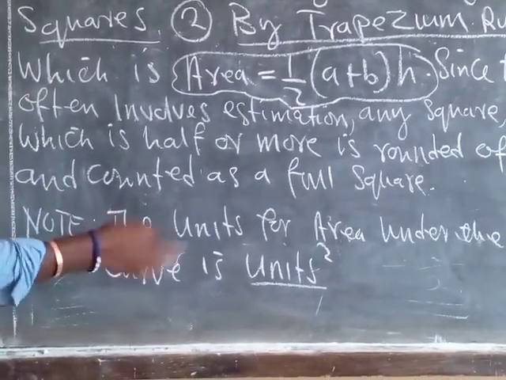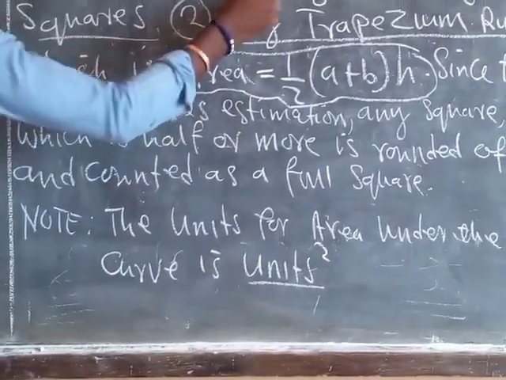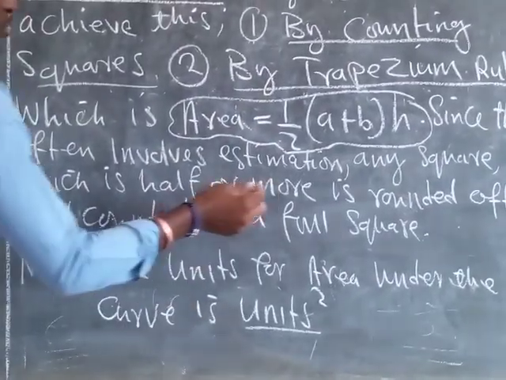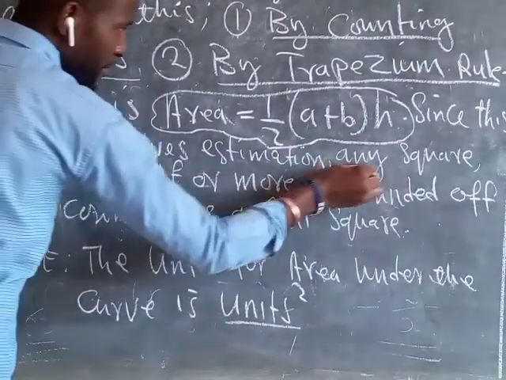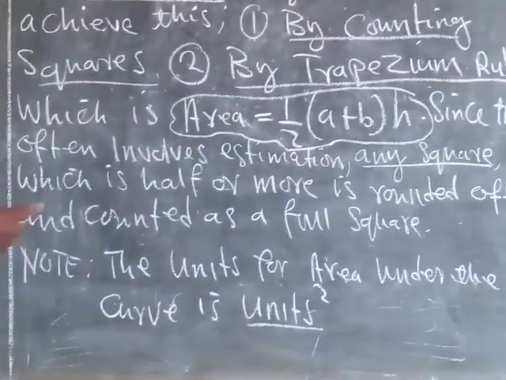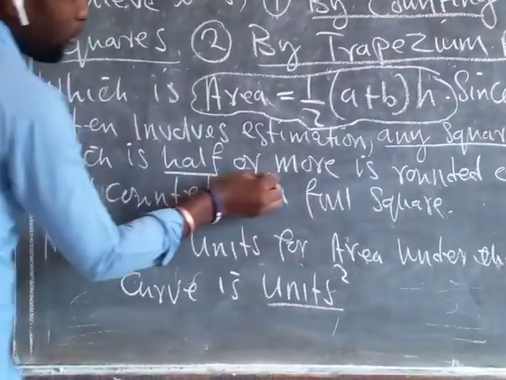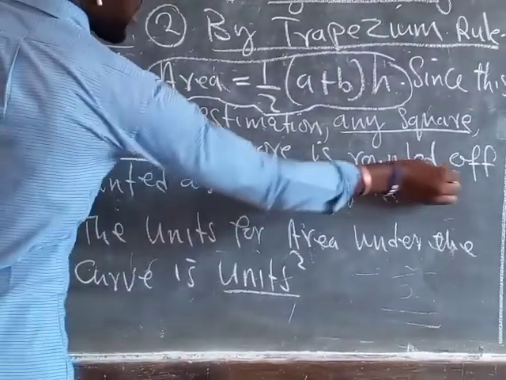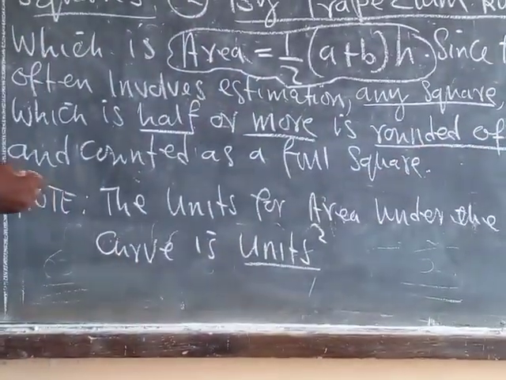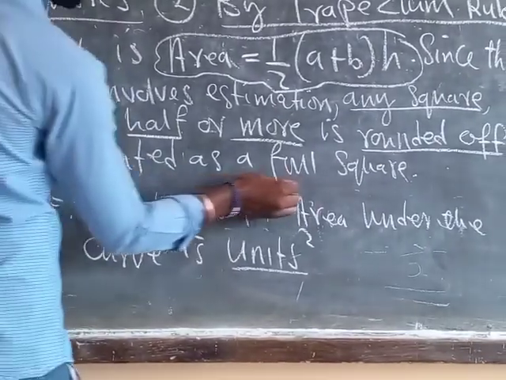So when you find the area by counting the squares, any square which is half or more is rounded off and counted as a full square.